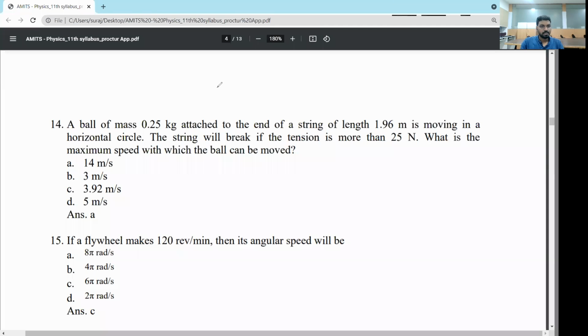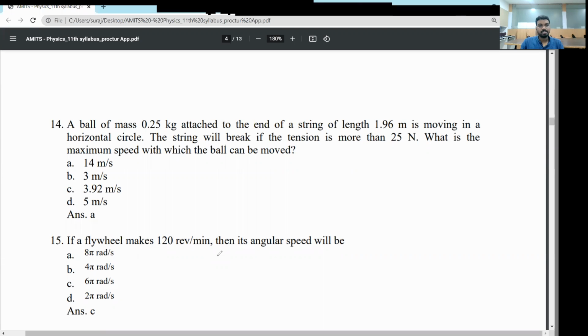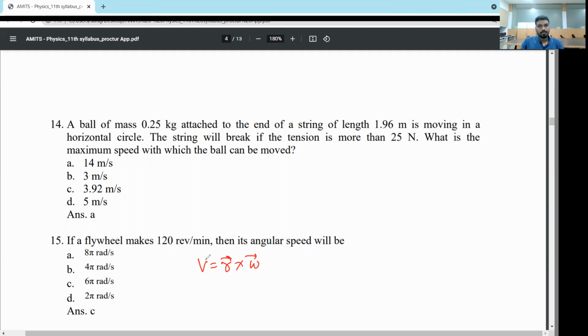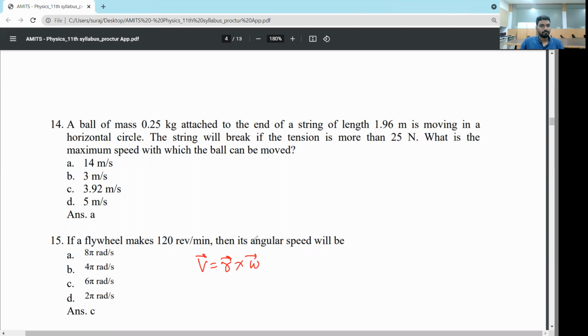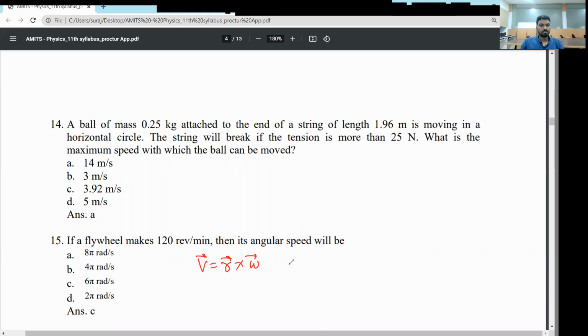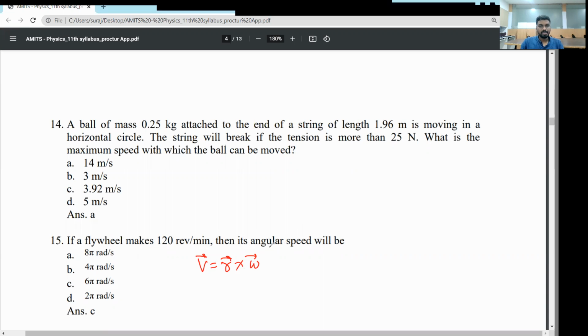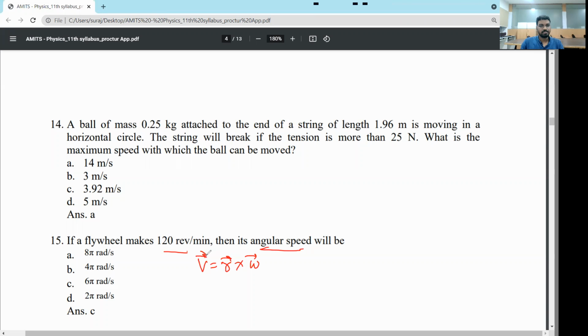Question number 15. If a flywheel makes 120 revolutions per minute, then its angular speed will be omega. V is equal to r cross omega. They're asking angular speed, just omega. They're not asking linear speed.